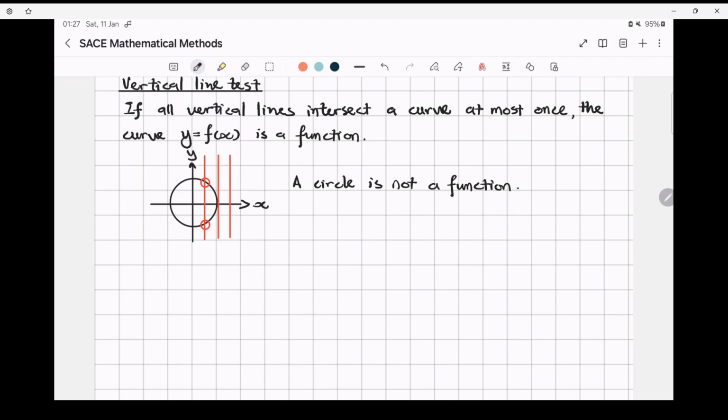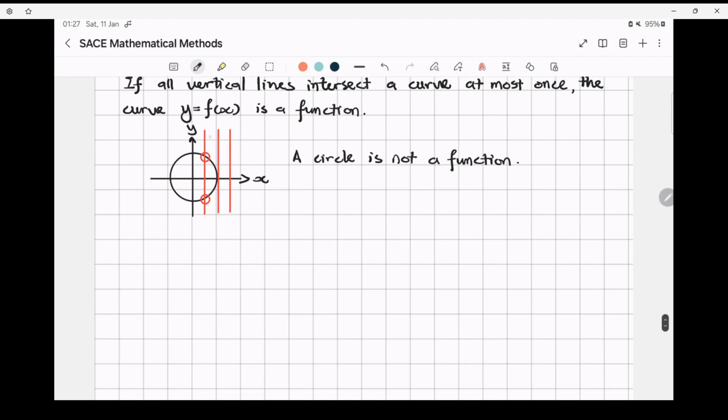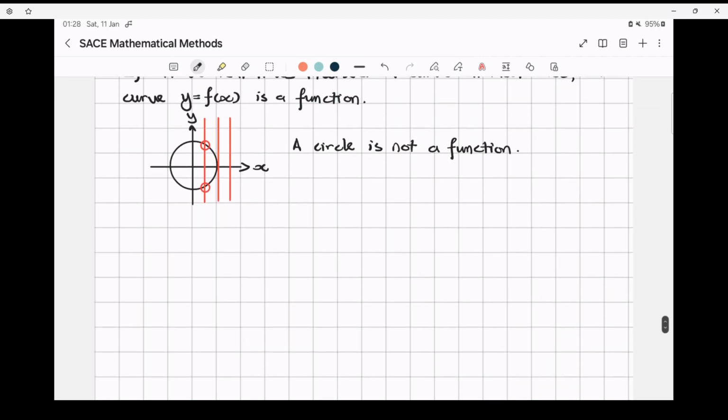So in other words, your vertical line test tests whether or not your function is one to many or many to many. In this particular case, your circle is a many to many relation. So how can we remedy this circle so that it becomes a function?